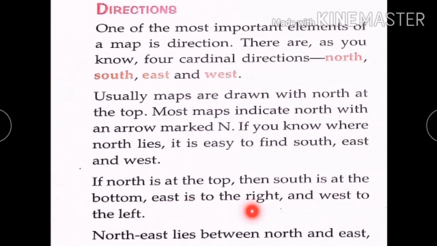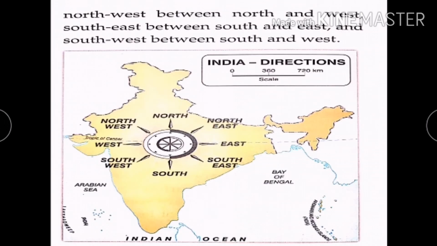East is to the right and west to the left. Northeast lies between north and east. Northwest between north and west. Southeast between south and east, and southwest between south and west. So as you can see in the figure.